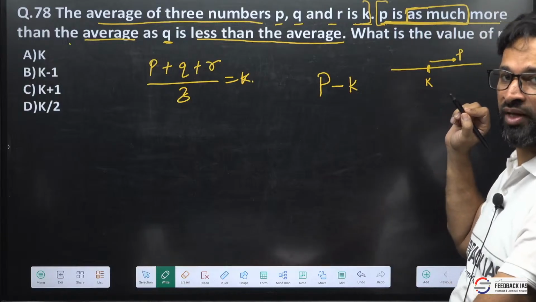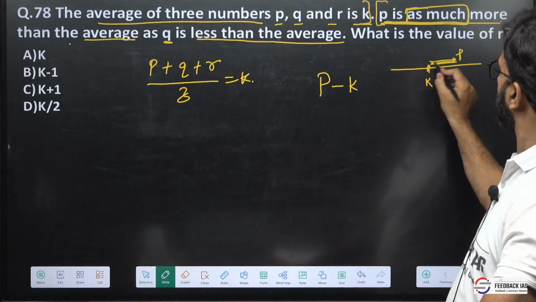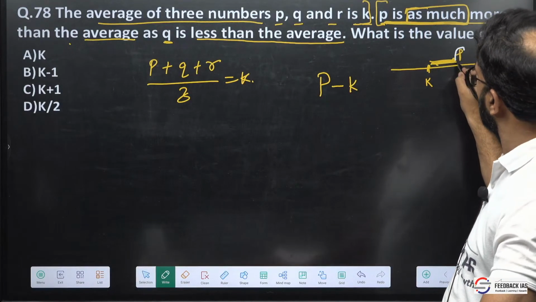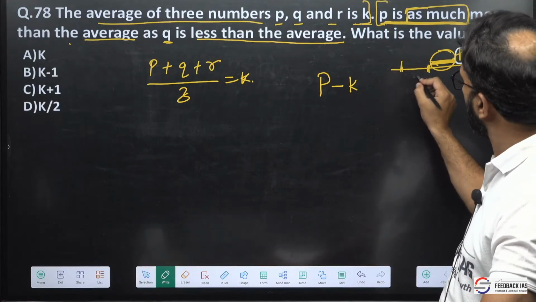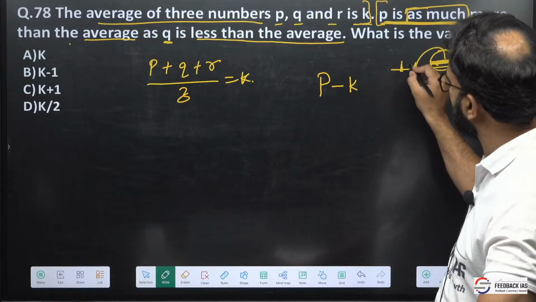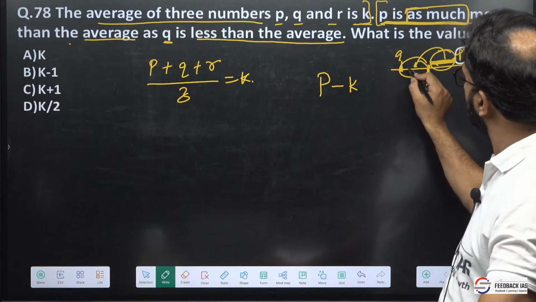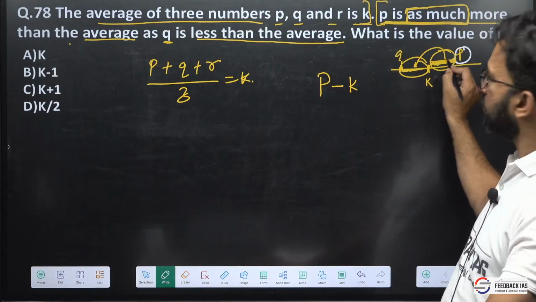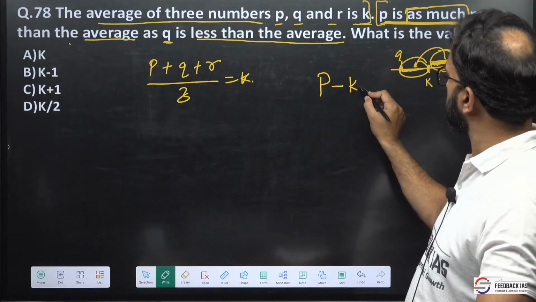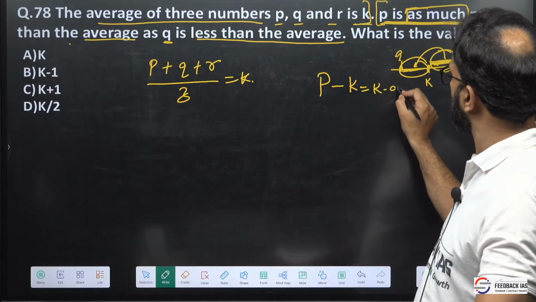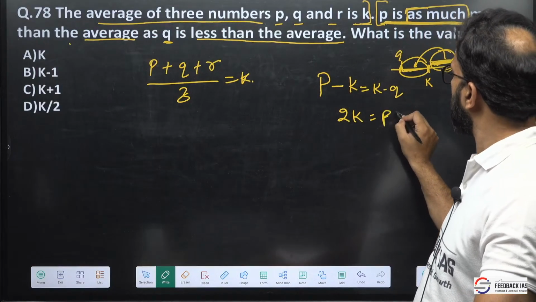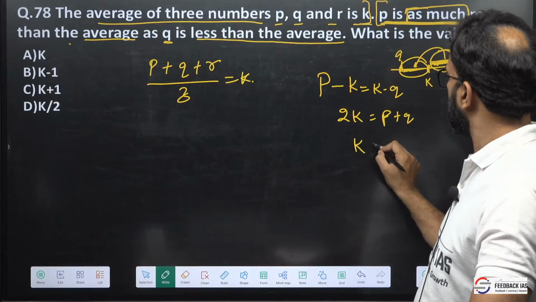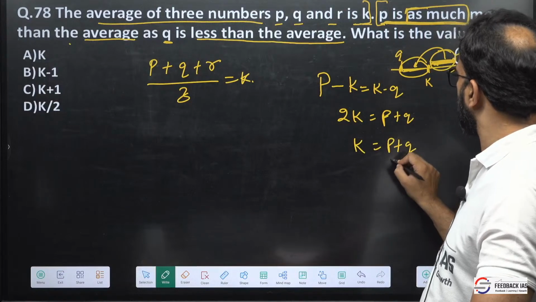P is more than K by this amount, and Q is less than K by the same amount. So this is equal to this. So we can say that P minus K is equal to K minus Q. So we are getting another equation here: 2K is equal to P plus Q. So K equals (P plus Q) divided by 2.